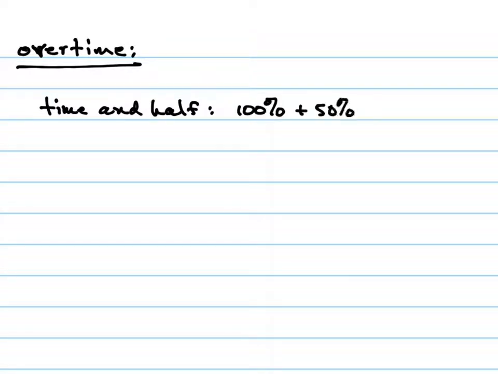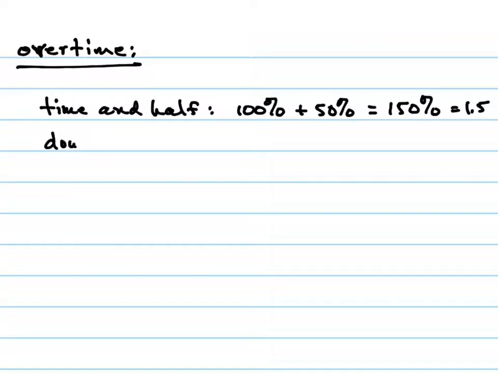Okay? When you're dealing with that, you have two different rates. We have what's called time and a half, which means you're getting your normal 100% for your regular time, plus half of that again. So in other words, we're getting 150% of our salary. And of course, that gives us a multiplier of 1.5 if we've changed it to a decimal.